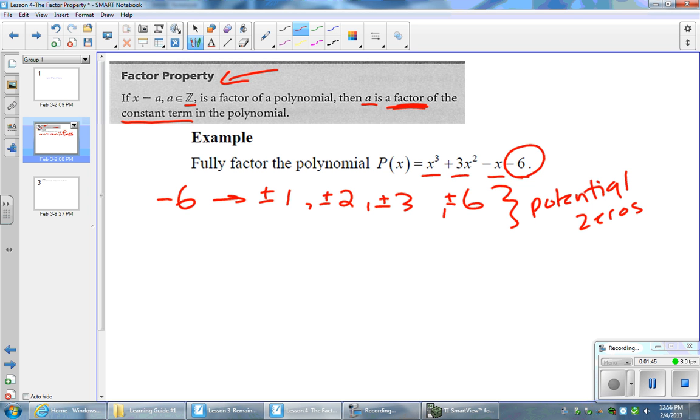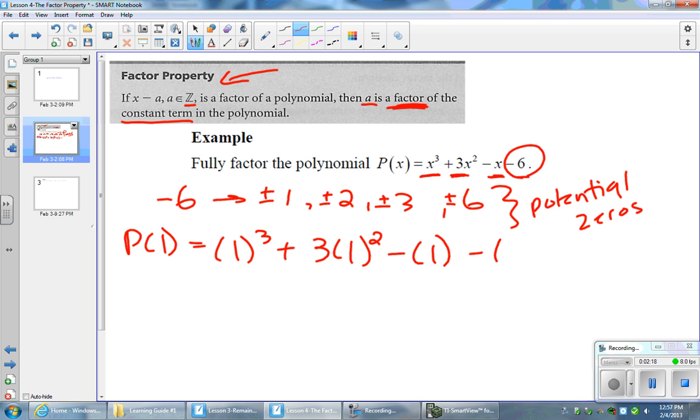So you pretty much have to start anywhere between 1 and 6. So let's start with p of 1. So let's check if p of 1 is equal to 0. And if it is, that means we have a factor of x minus 1. So p of 1 is equal to, go back to your polynomial, wherever you see an x, you're going to plug in a 1. So 1 cubed plus 3 times 1 squared minus 1 minus 6.